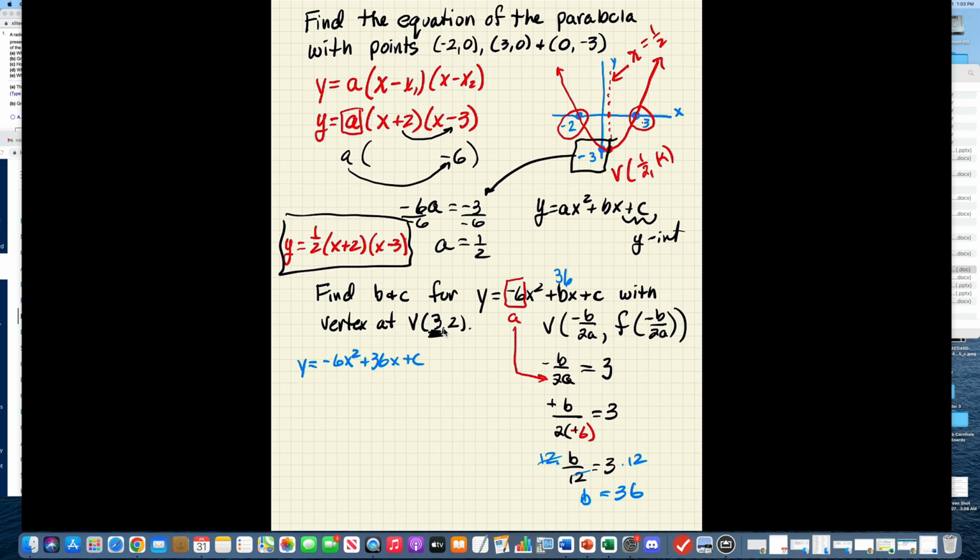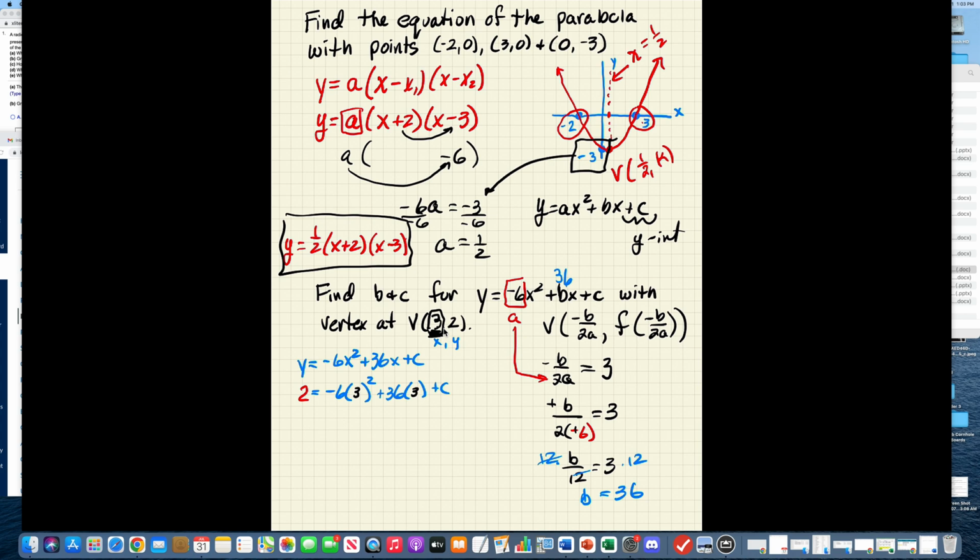But we know a point on the parabola, x comma y, right there. So we're going to substitute in 2 for the y: 2 equals -6 times x squared plus 36 times x plus c, and we'll put the 3 in for our x, and we'll go solve this for c.